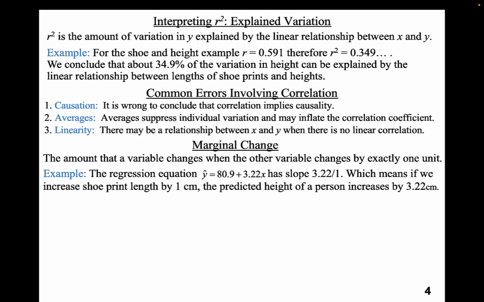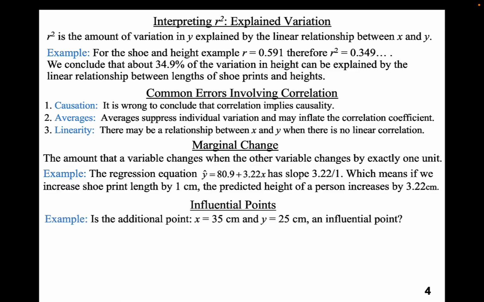So if we look at the slope of that, 3.22, think of it as over 1. Because we know slope is like rise over run, or the change in y over the change in x. So this means that if we increase the shoe print length by exactly 1 centimeter, then the person's predicted height would increase by 3.22 centimeters. We call that the marginal change.